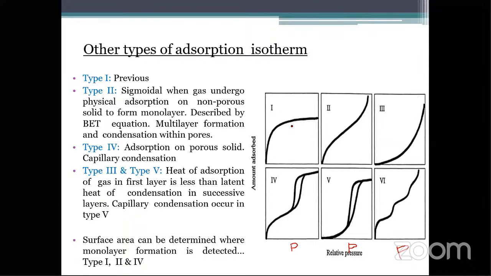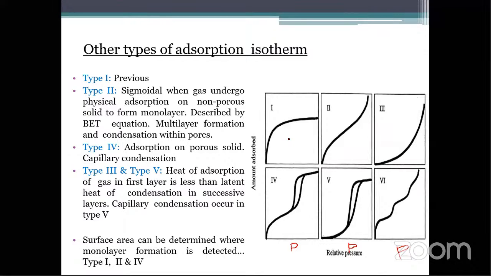Initially, with increasing pressure, the amount of gas adsorbed on the solid surface increases, but after some time it levels off. Why this leveling off? Because of the saturation of the active sites on the solid surface, and also the formation of the monolayer is completed. This is the same type of curve that we already got in the case of the Freundlich isotherm and the Langmuir adsorption isotherm.